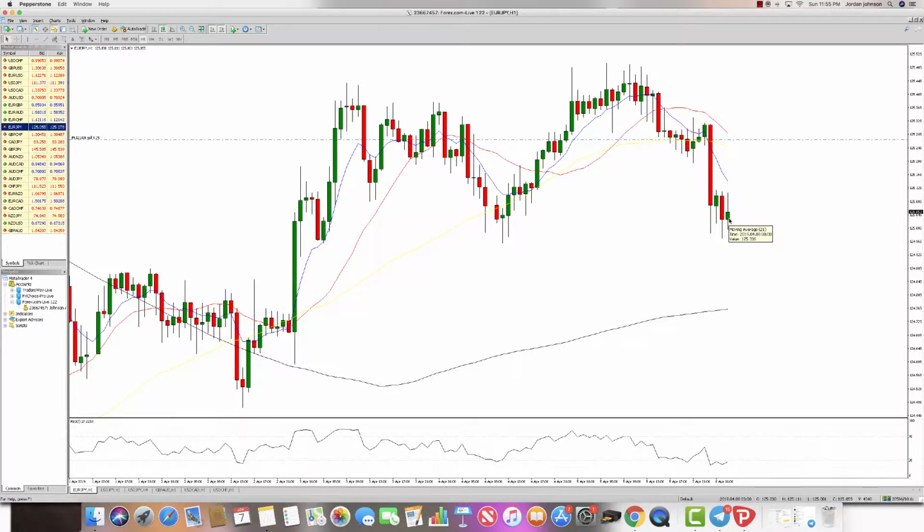I am in profit. I am making money. Now let's just say if I sold up here and price went up, guess what? I was losing money. But because I sold and price is currently down below where I sold at, I am in profit and I am making money.